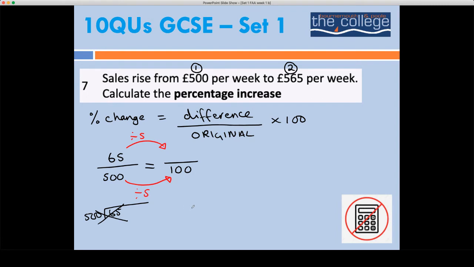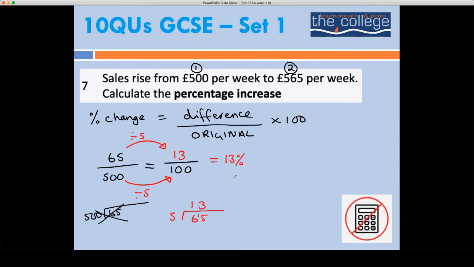So now I can do a nice simple bus stop here. Okay, so I'm doing 65, divide by 5 if you need to do this. You might want to use the fact that 10 5s are 50, but 5s and 6 goes 1, carry the 1, there's 1 left over. 5s to 15 goes 13, so that's 13 hundredths. 13 hundredths equals 13%.